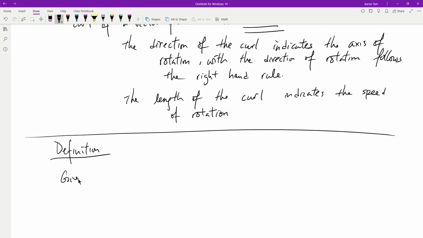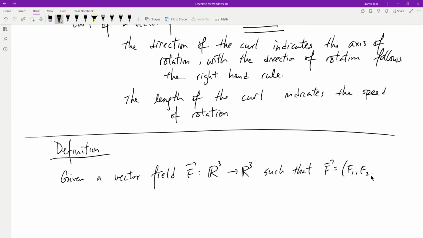Let's say we're given a vector field F, and let's say F maps from R3 to R3. As I said, we only define the curl for something that's in R3. So such that vector F is equal to F1, F2, F3. I'm going to drop the vector x as the input because we know that's the case.